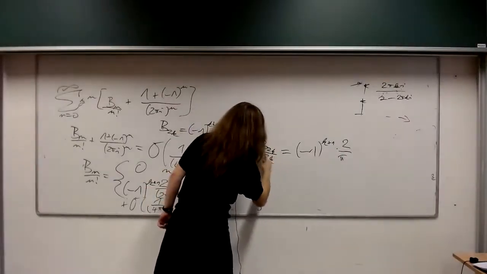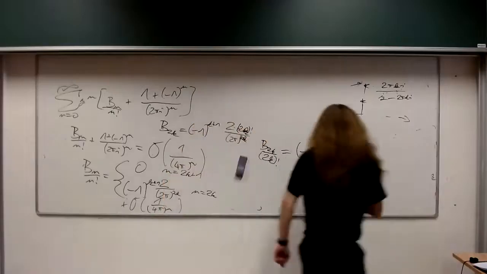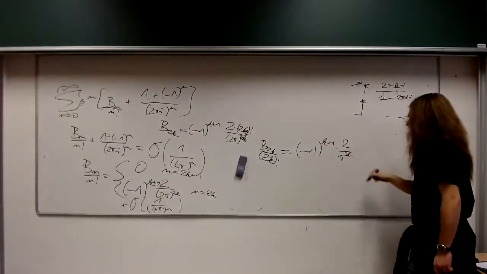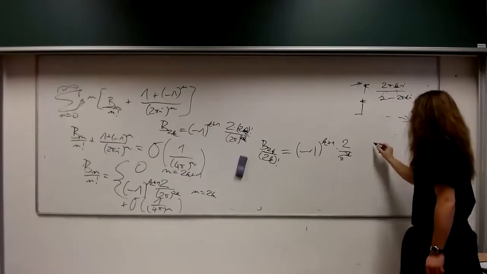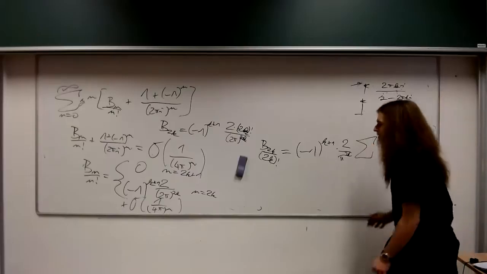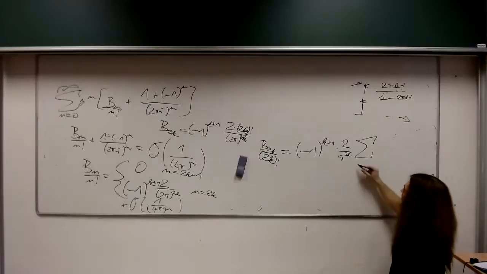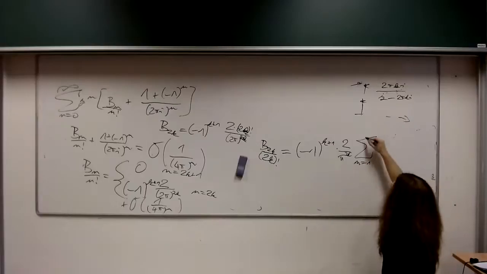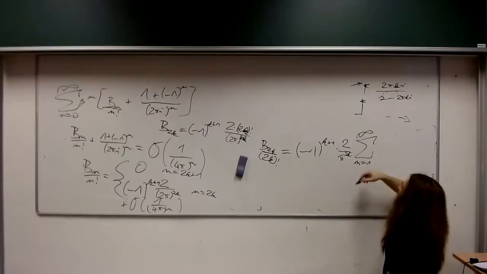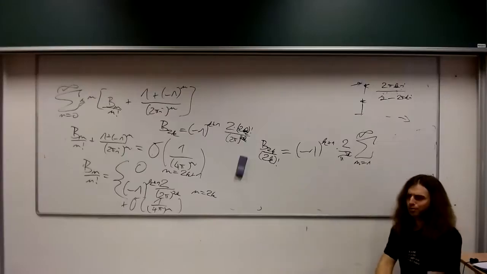I want the 2k in here. And here we get just a sum of terms that will look just like that, from 1 to infinity, let's say, when we get rid of all of those poles.